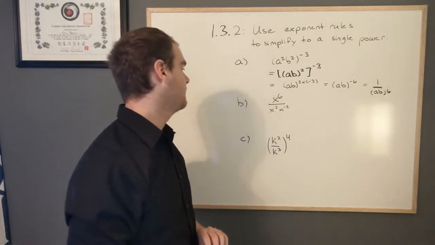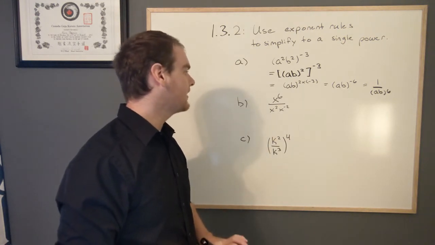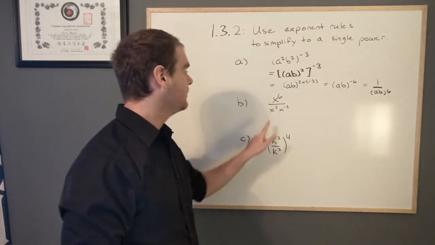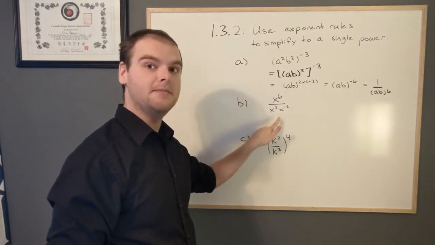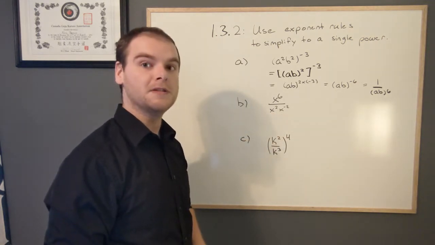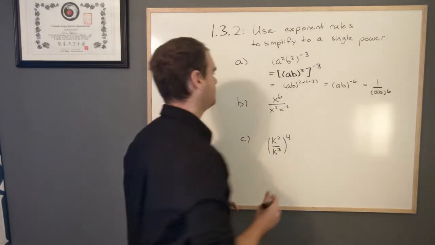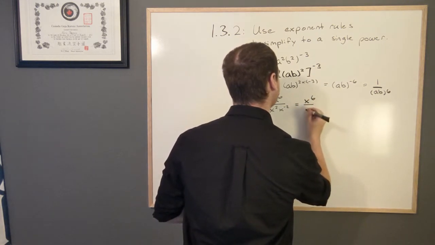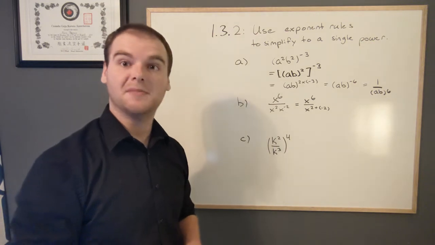On to the second question. So we have x to the 6th divided by x to the 2 multiplied by x to the negative 2. So we'll start on the denominator here. We have the same base, so we use the second exponent rule to add the powers. Adding the negative is the same as subtracting.